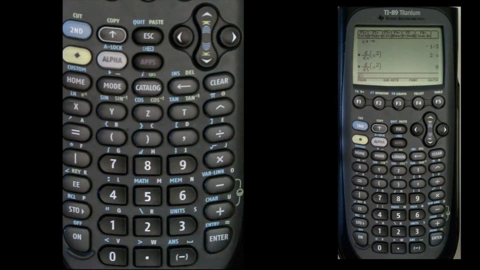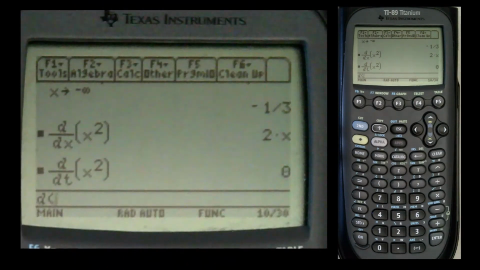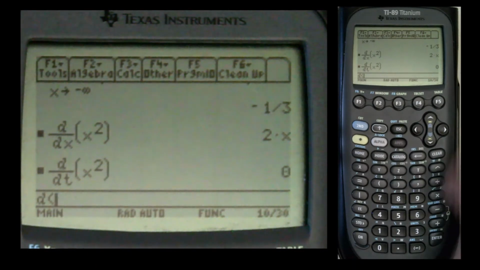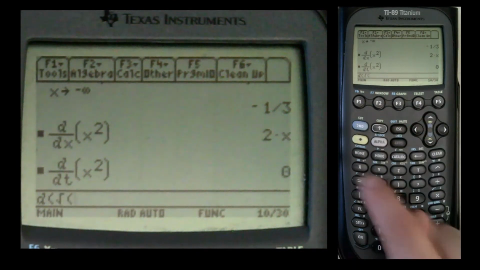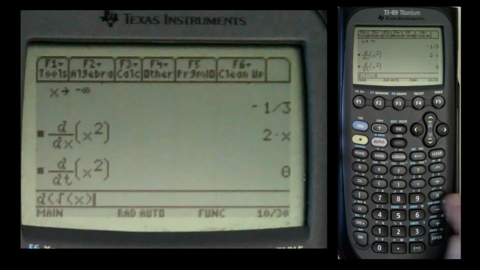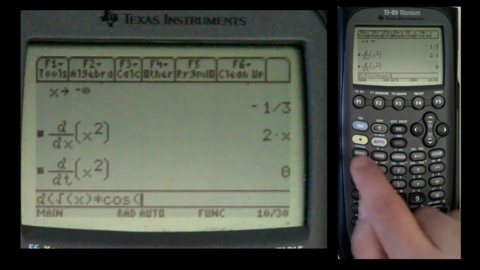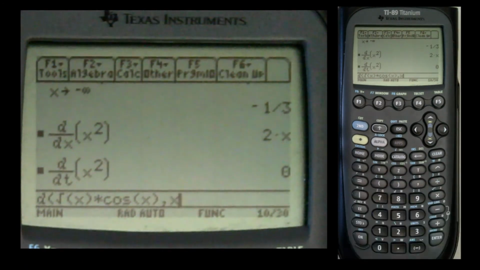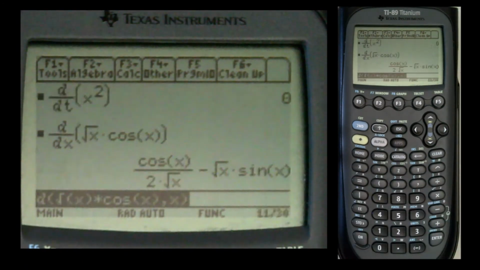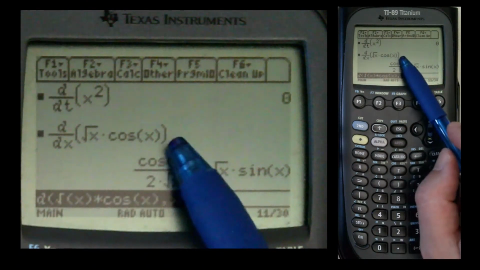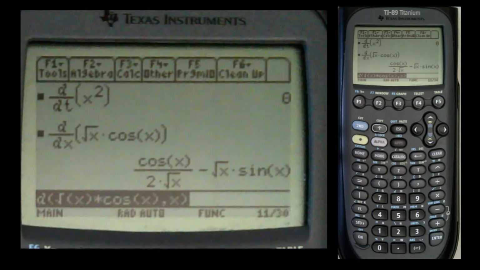So if I do second and then 8, that's going to bring up the derivative sign. And now I can take the derivative of my square root of x. I'm going to close the parentheses on that, times cosine of x. Got to tell it what the variable is. And you can see that not only does it say exactly what I'm taking the derivative of, it finds the derivative down there. You would use the product rule, if you remember from calculus.